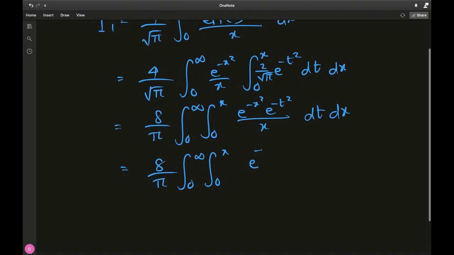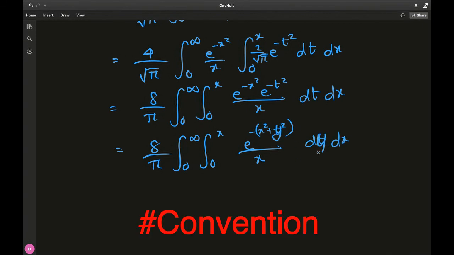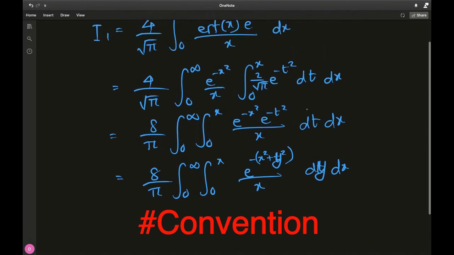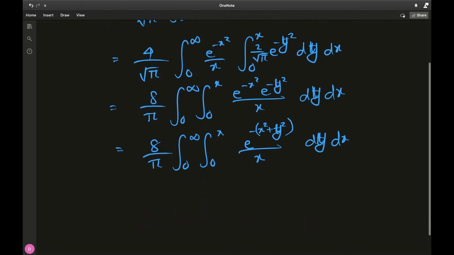Combine this to e to the negative x squared plus t squared over x dt dx. Instead of having a t, why don't we call it a y, just for the sake of x and y being the variables of the axes.